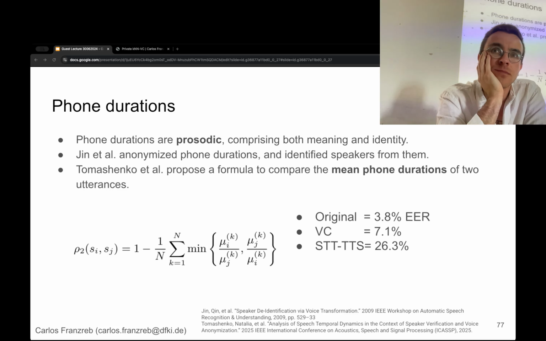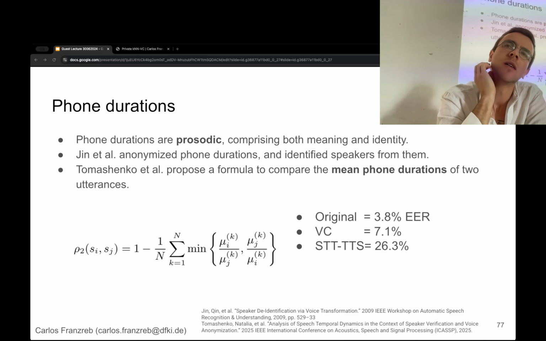Mm-hmm. So basically, you could try to increase that number by not just relying on whatever the TTS system does with the grapheme chain, but you could try to work on that in order to make it more anonymized.